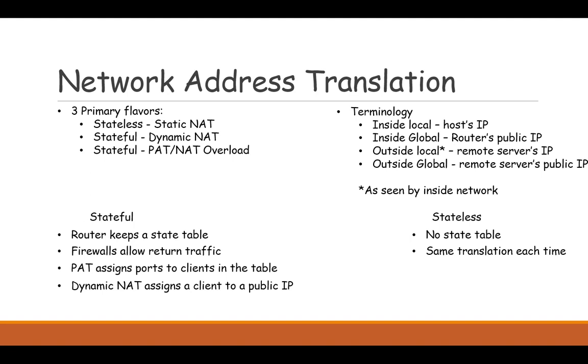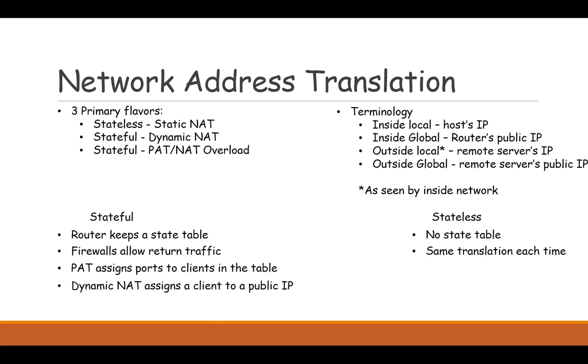Dynamic NAT is a one-to-one translation, where a single inside host computer is assigned a single outside IP address, and all traffic to and from that IP is translated to that host for the life of the table entry, which usually has an inactivity timeout to free up the IP eventually.